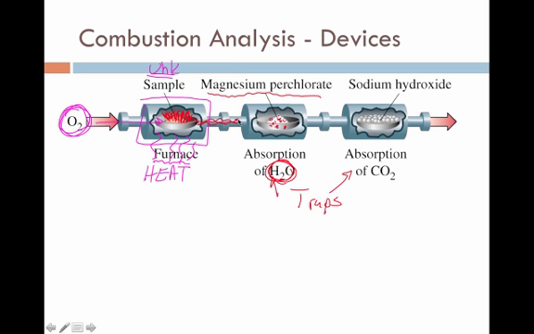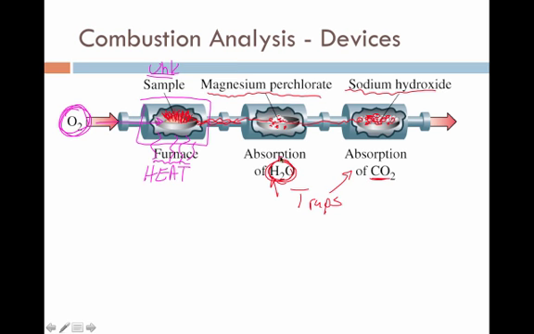The other chemical products of this reaction aren't. Those guys are going to pass clear through because they don't react with magnesium perchlorate. Those other products, in this case carbon dioxide, are going to travel into the next trap, and they're going to get stuck to this. Sodium hydroxide specifically reacts with the carbon dioxide gas, and the CO2 gets stuck here, and all that carbon dioxide we produce gets stuck in the trap.